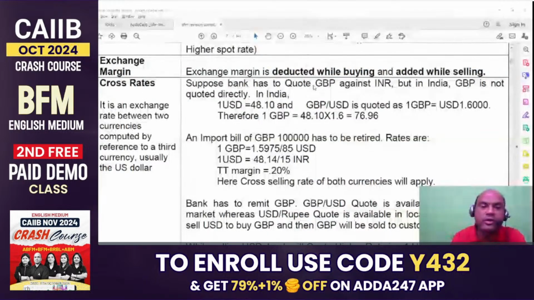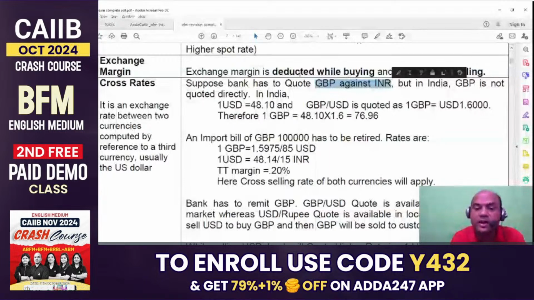So suppose I want to get the rates of GBP against INR, but I don't have the GBP INR rate, but dollar is constant. So what do I do? I take GBP to USD and USD to INR.